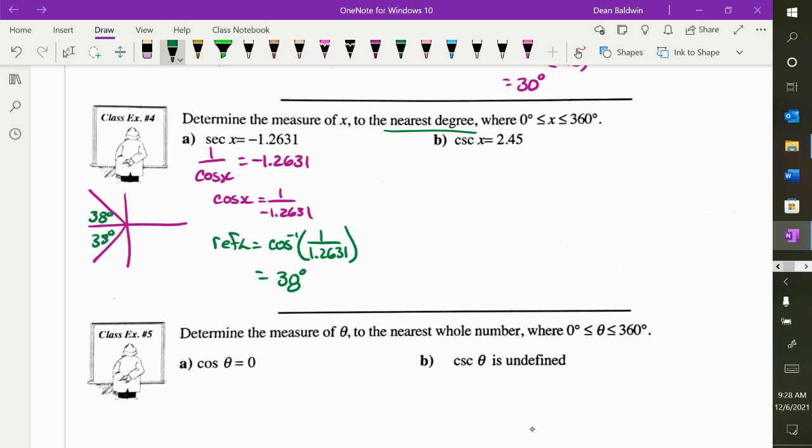So my rotation, x is equal to what? 142 is the first one to get to there. If I keep going, it's 180 plus 38, which is 218. So if you use the negative, it'll spit out this answer, but then it doesn't give you that because it's not a reference angle. So be careful with that.